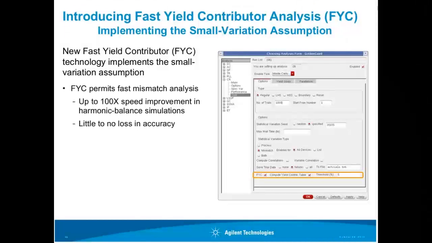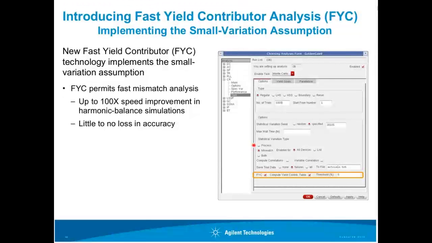By taking advantage of fast yield contributor analysis, we can get speedups sometimes as high as 100x over doing a normal harmonic balance simulation. And when you're using them together for doing mismatch Monte Carlo, we have little to no loss in accuracy of the results. Again, as I said earlier, it does work for process Monte Carlo analysis, but in that case, there is some accuracy impact.